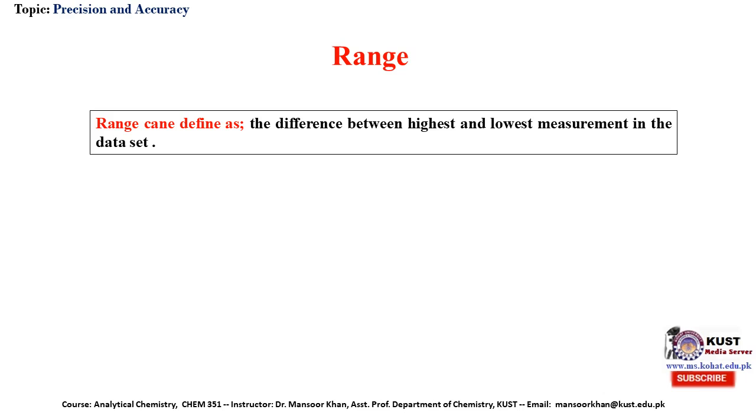Now, if we calculate the difference between the highest measurement and the lowest measurement, then it is called range. So the greater the range, the smaller the precision of the work. Or in other words, precision and range are inversely related to each other.